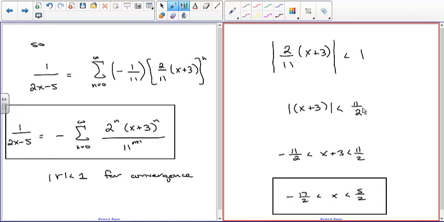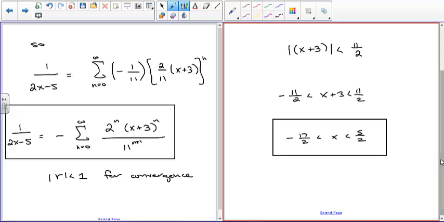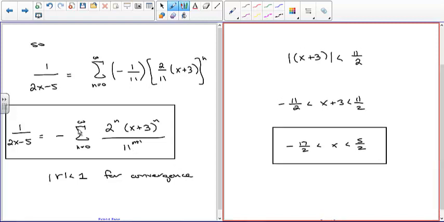If you multiply both sides by 11, divide both sides by 2, change the absolute value into this kind of inequality, and then subtract 3 from every term, you end up with the series representation of this function converging between -17/2 and +5/2. We hadn't done that before, but that's how you determine the interval of convergence, by using the convergence criteria for a geometric series.